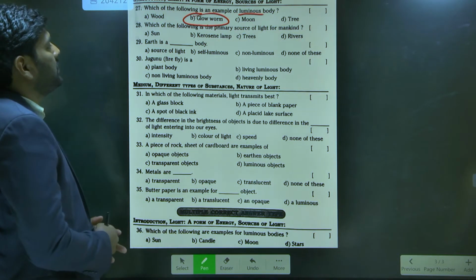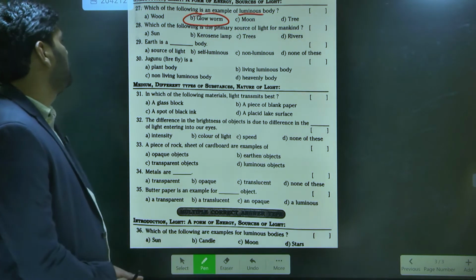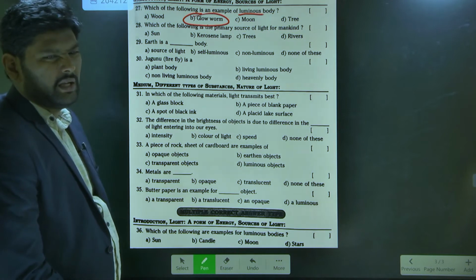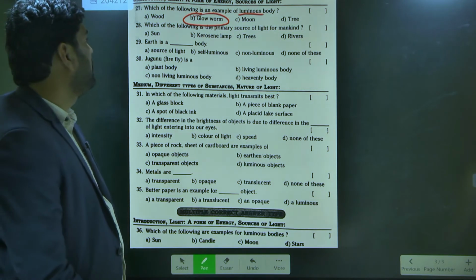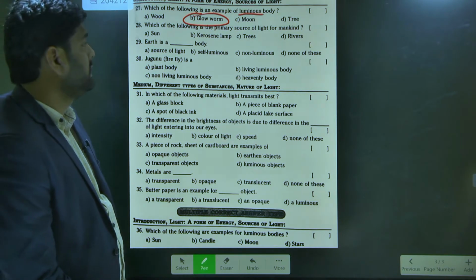Next, which of the following is the primary source of light for mankind?